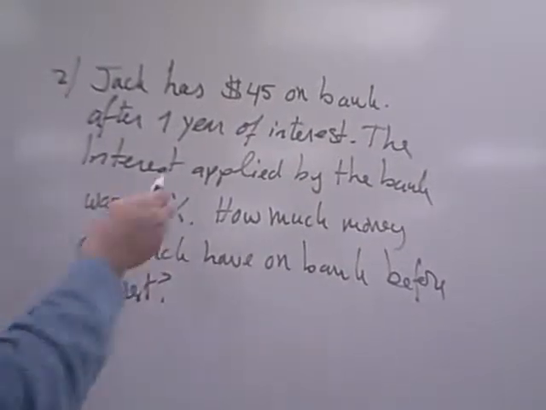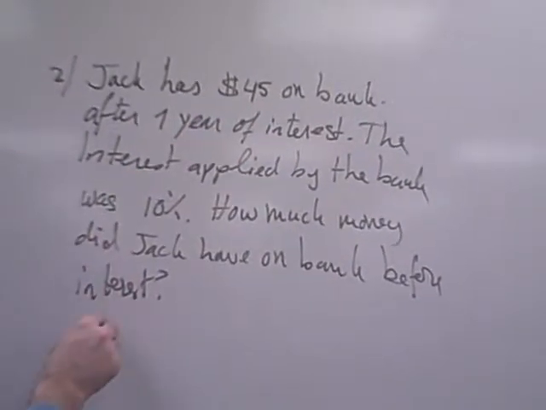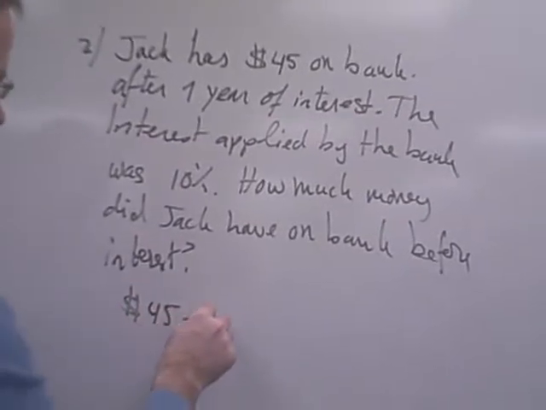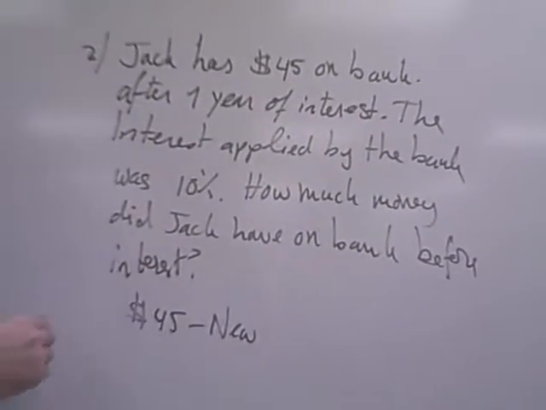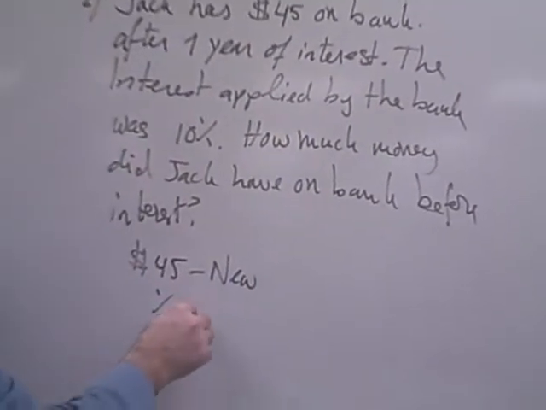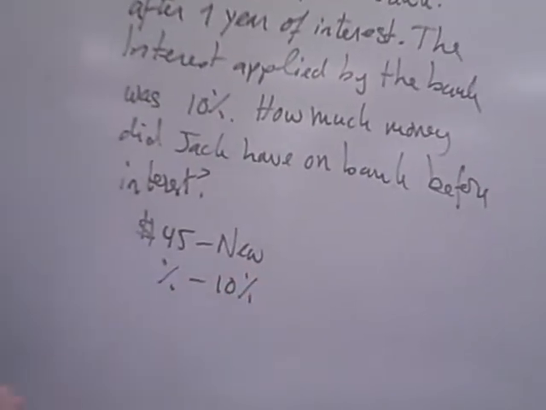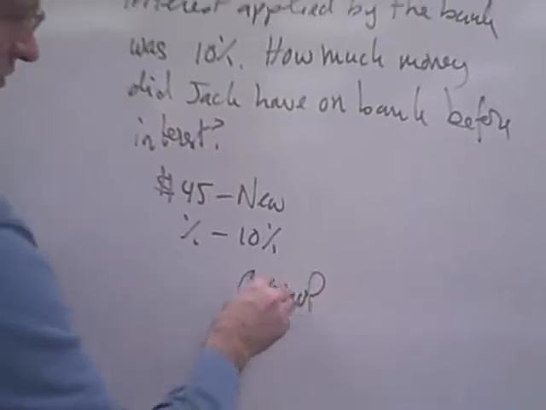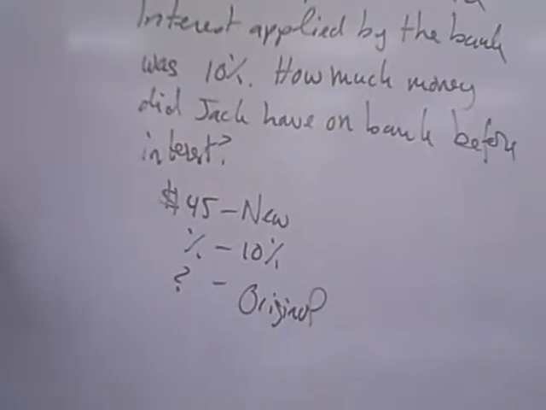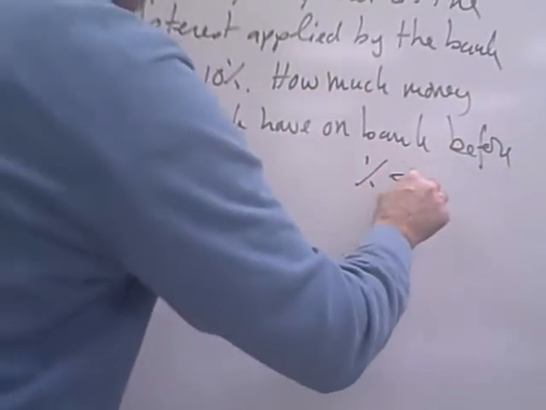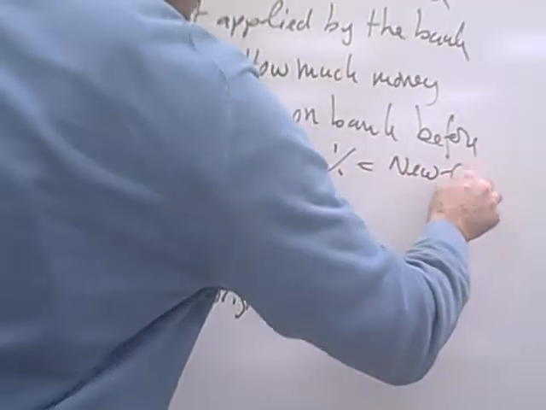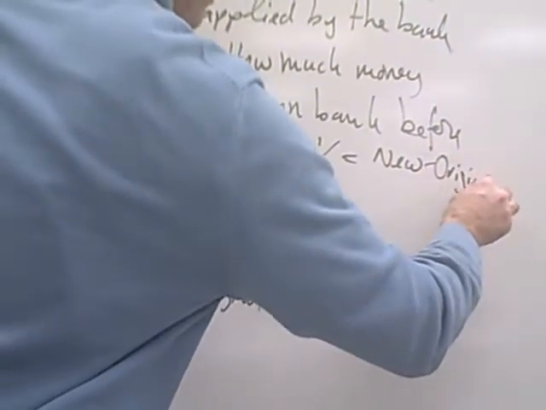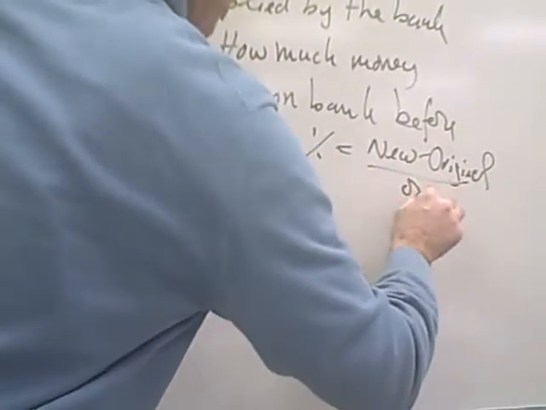So in this case, we know 45 is the amount after interest. This is the new amount. We know the percentage that was applied, but we don't know the original. And in this case, we use the same formula. Percent is new minus original over original.